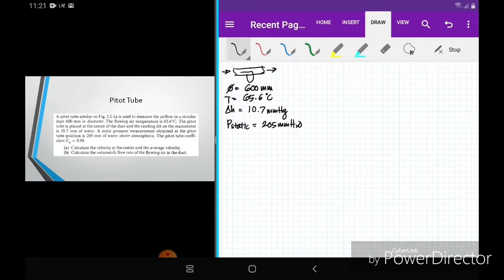And the pitot tube coefficient C sub P is equivalent to 0.98. We are required to calculate the velocity at the center, which means V max, and the V average. Then of course, letter B, we're being asked to calculate the volumetric flow rate of the air.